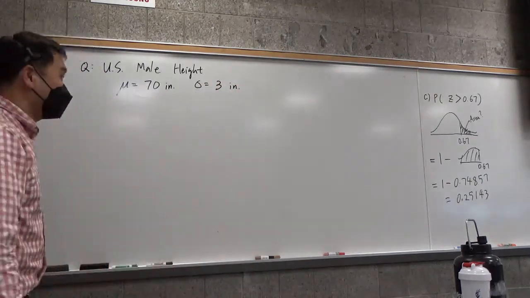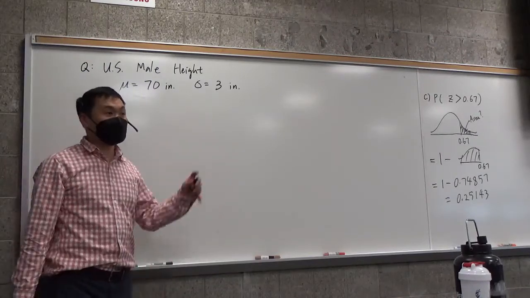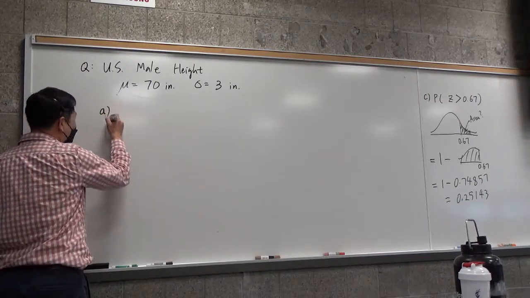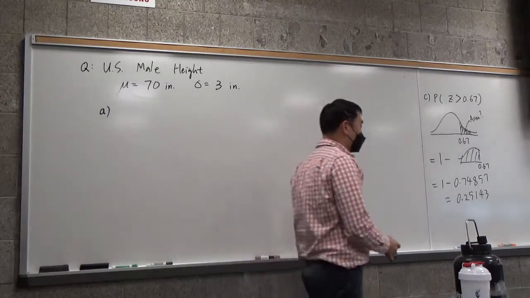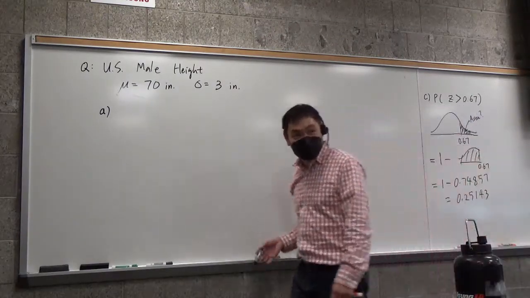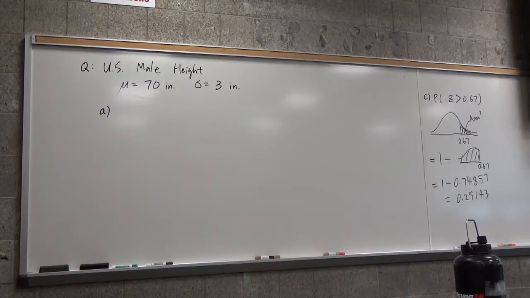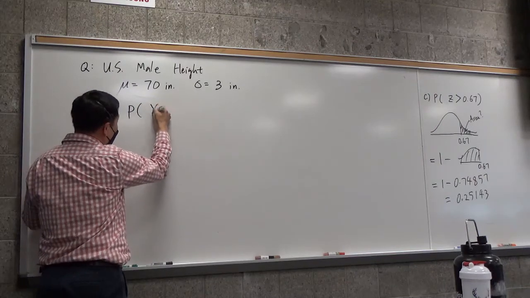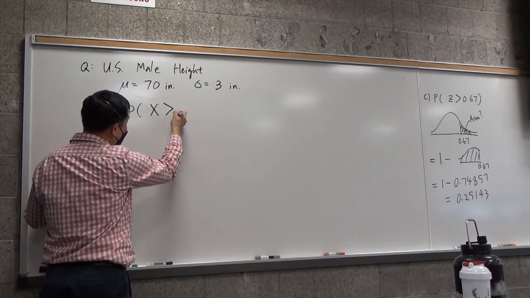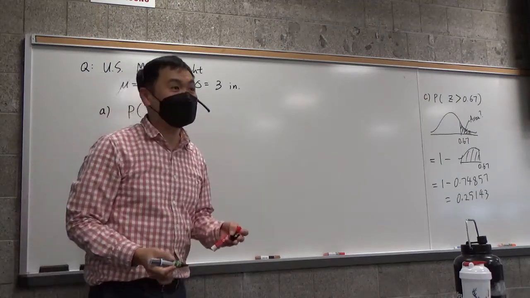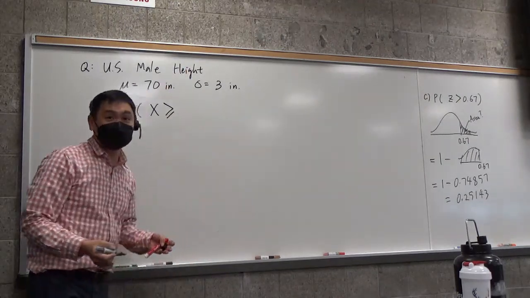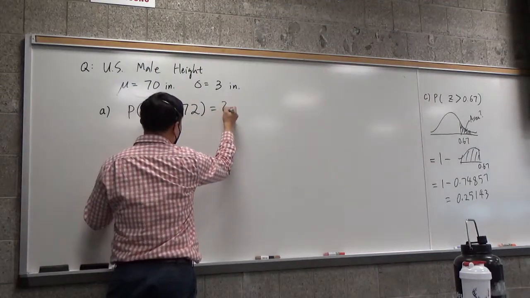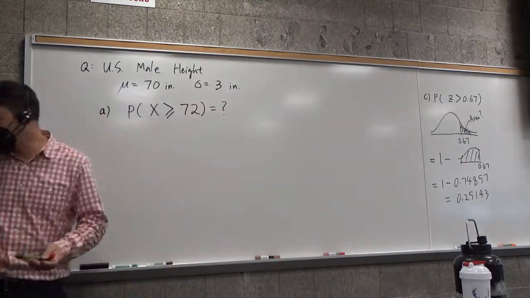Now, if you pick a random person in the street, or let's say your friend set you up on a blind date and you went to meet that guy, then you can ask, what's the probability that that person's height is more than or equal to 6 feet? So 6 feet in inches is what? 72, right. So that's the question. Let's think about that.